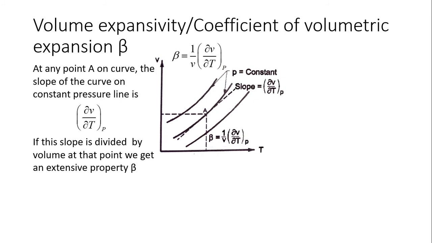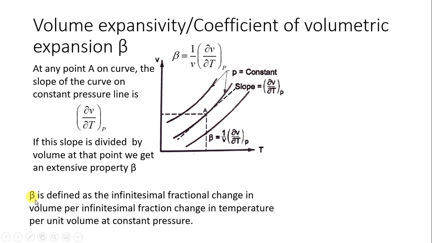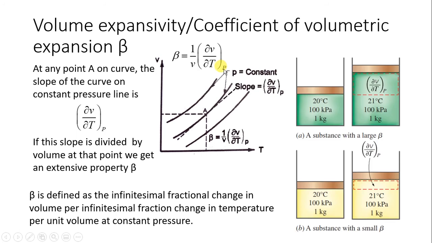What do you mean by beta? So beta is defined as the infinitesimal fractional change of volume per infinitesimal change in temperature when pressure is constant.